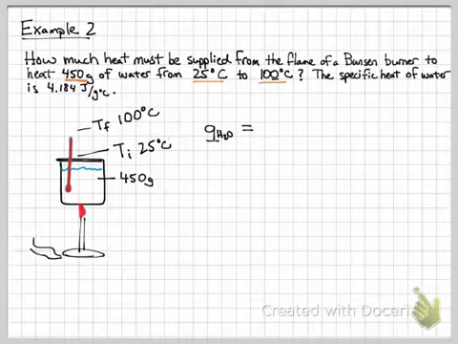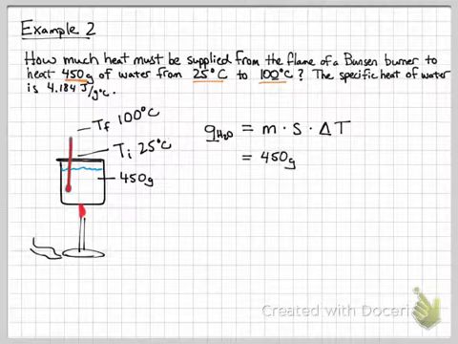Well, the heat absorbed by the water is equal to the amount of water times its specific heat times change in temperature. Since we're given 450 grams of water, we can put that in. The specific heat is known, 4.184 joules per gram degree Celsius.